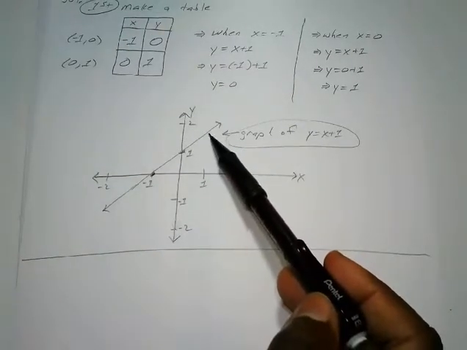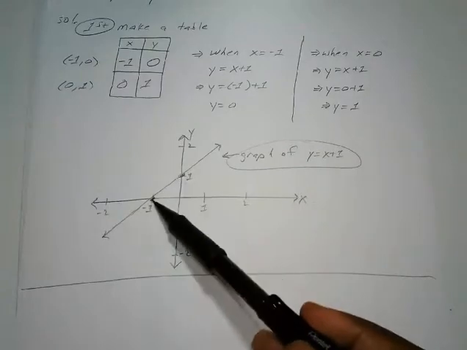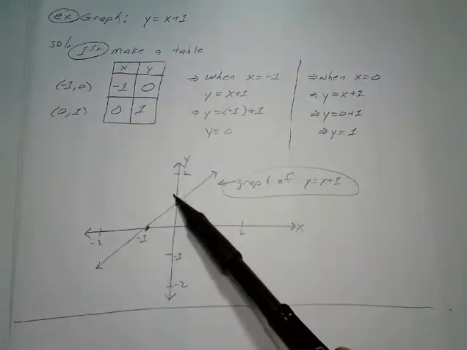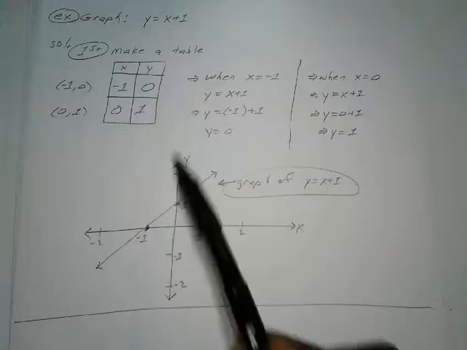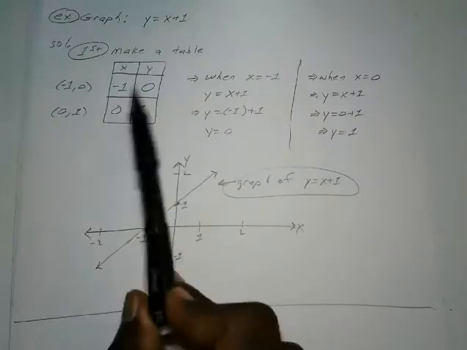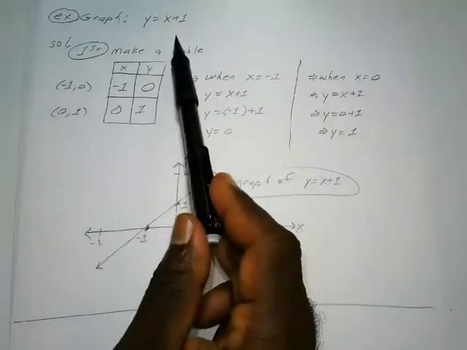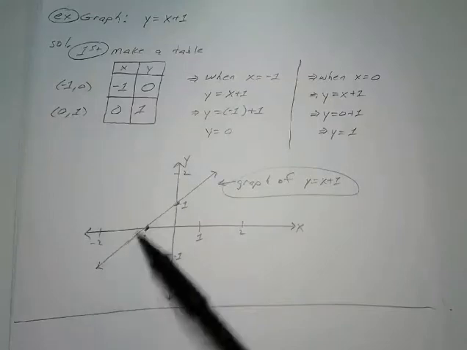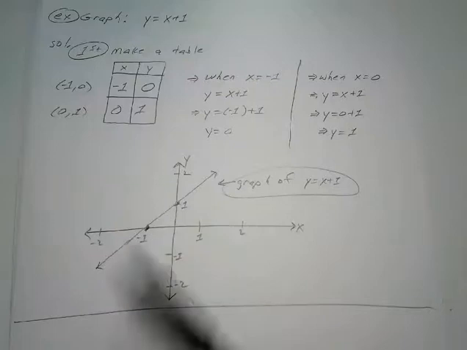So if you pick any point on this graph, the same way we picked -1, 0, we plug that in, it's true. We picked 0, 1, we plug that in, it's true. If we make our table, let's say if we wanted to make that with 50 rows, if you plug in an x value and solve for y, or plug in y and solve for x, all of those points will be on some point on this graph. Those will all be solutions. That's why you have an infinite number of solutions.